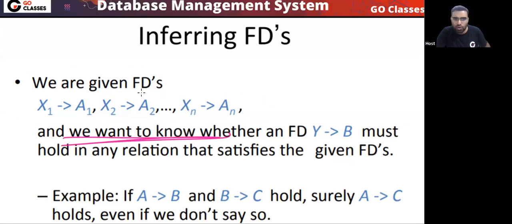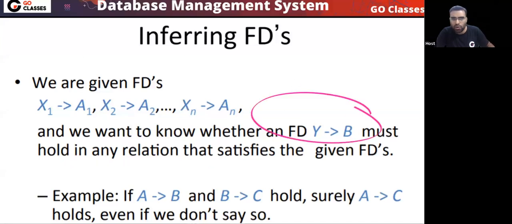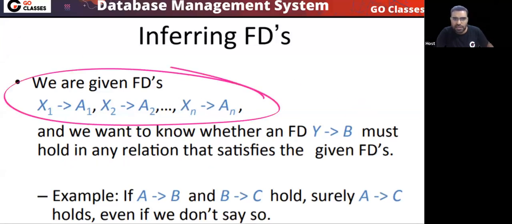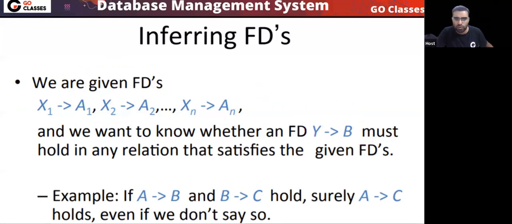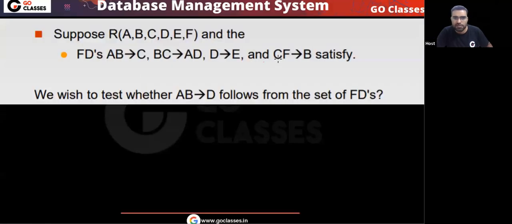Now we want to know, on that relation, will this FD hold? Means from these FDs, can you derive this FD? For example, if A determines B and B determines C are given to you, then you can infer A determining C. Very simple concept.